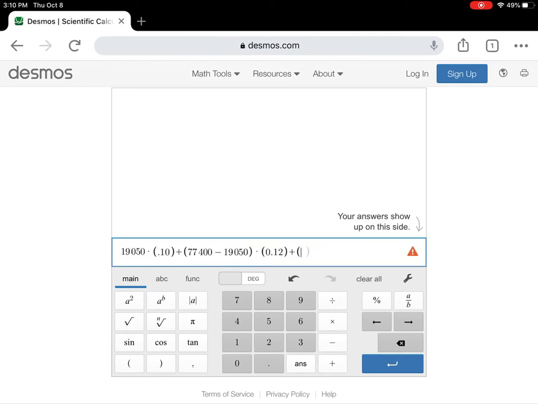Plus 132,500, take away what we already taxed from 77,400. And just that little chunk is 22%. So it looks like what Tina and Veronica are going to be taxed is $21,029.